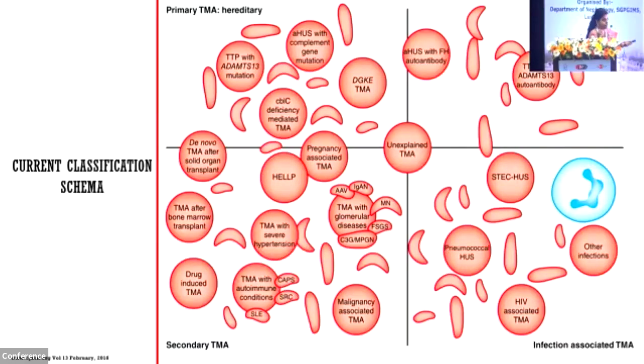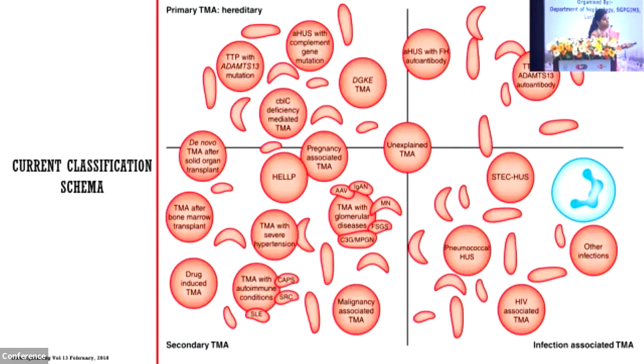It overlaps. So in a patient with atypical HUS who has factor H antibody, many of these patients have a predisposing genetic abnormality, mostly a CFHR 1, 2, 3 deletions. So it is not a mutually exclusive classification.